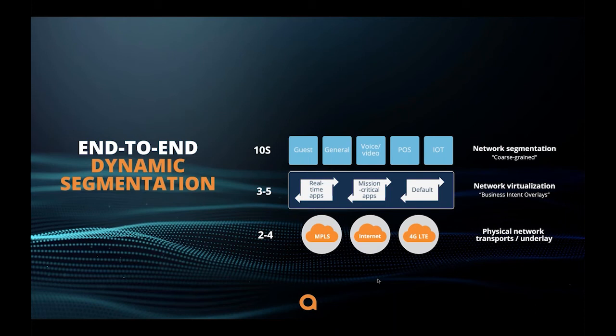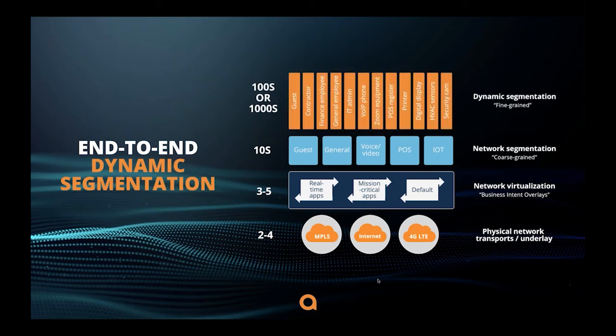Then we look at a coarse-grain segmentation, where we create zones within the environment. You might have tens of zones, where we might have a guest or a general, voice video, our POS systems, and our IoT devices, all segmented based around the zones where those would exist. And then we can layer in the fine-grained segmentation with our dynamic segmentation.